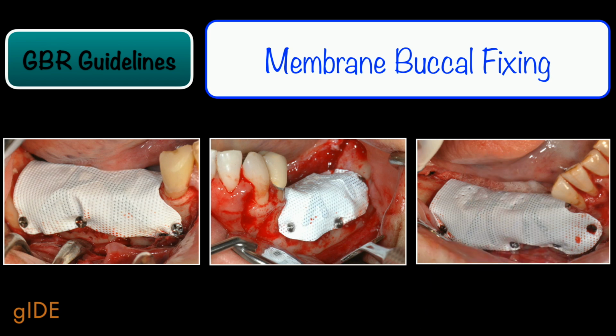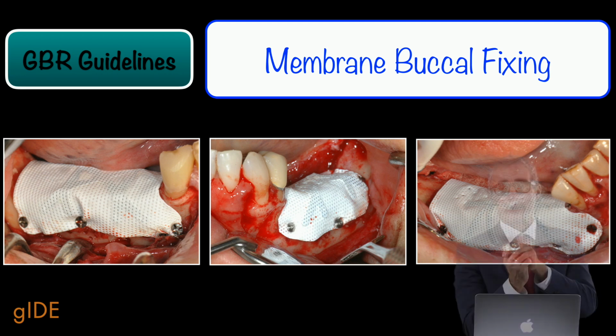This is a delicate phase of the GBR because we have to create a good contact between the material and the membrane. We don't want space below the membrane.